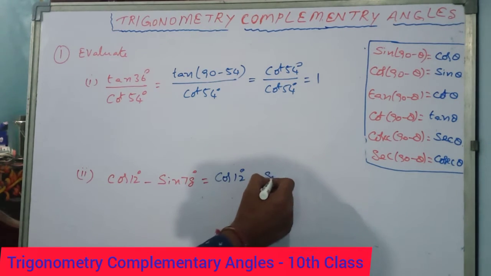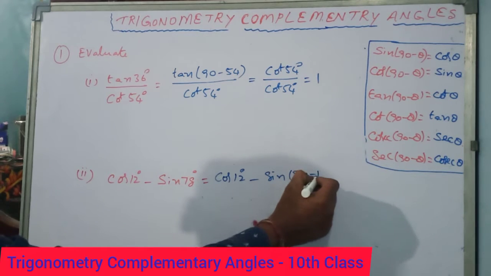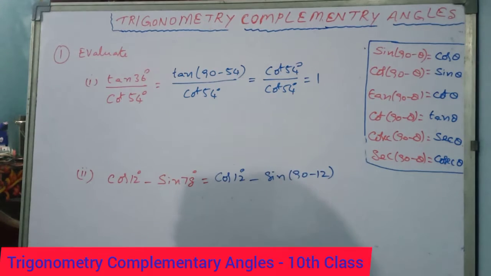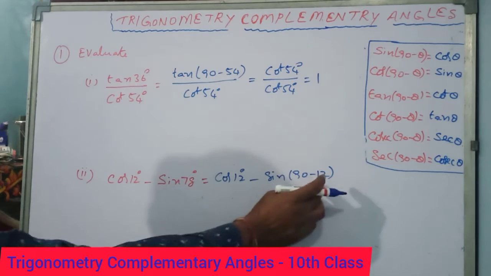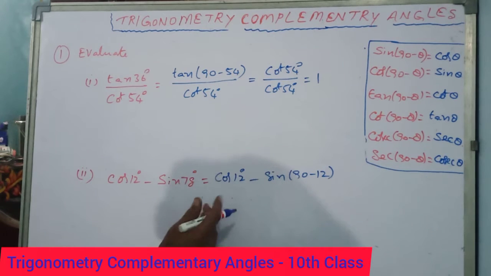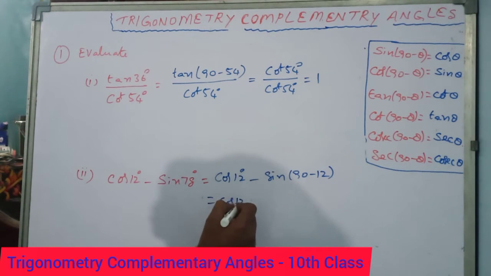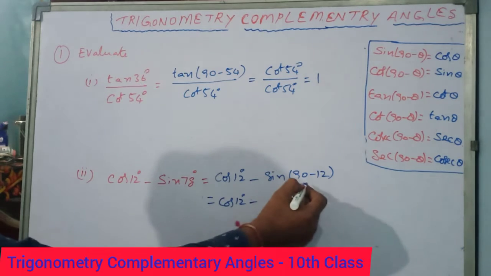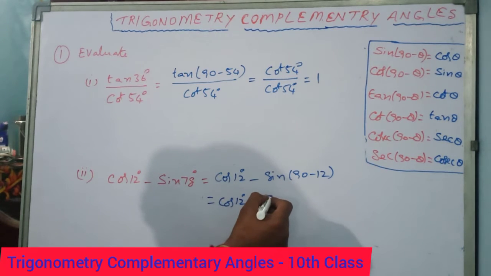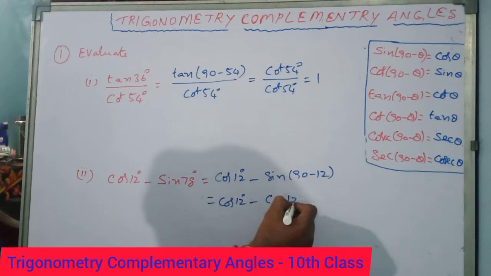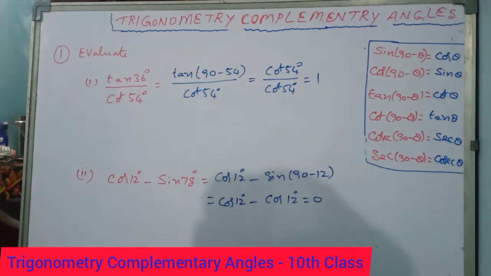Sin 78 can be written as sin of 90 minus 12, since 90 minus 12 equals 78. So cos 12 degrees minus sin of 90 minus theta, which is cos theta. The theta value is 12 degrees. That is equal to 0.